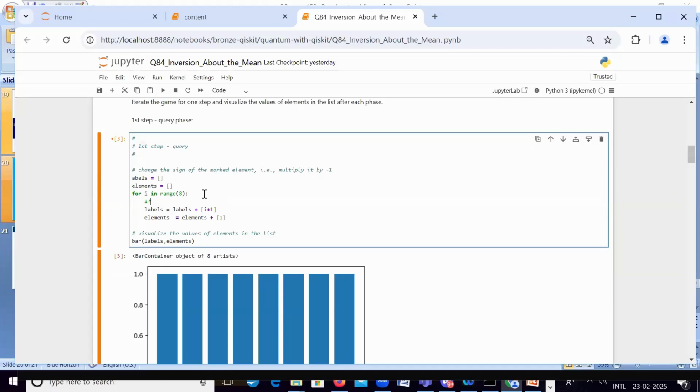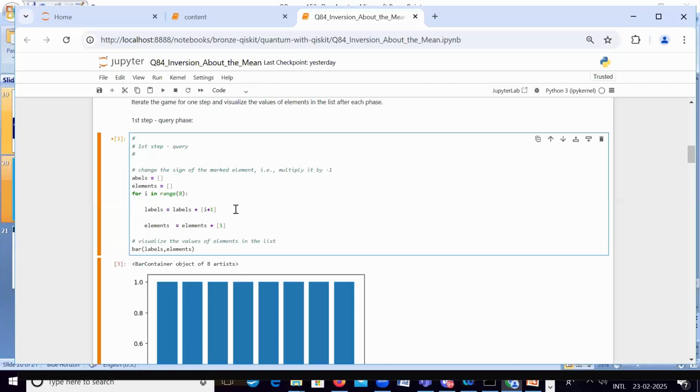If i equals 3, the sign of the element has to be multiplied by -1.